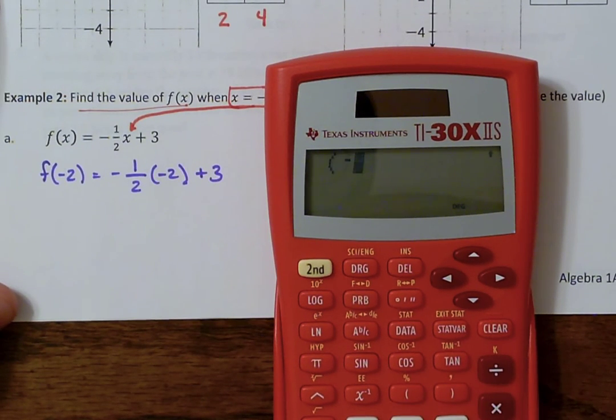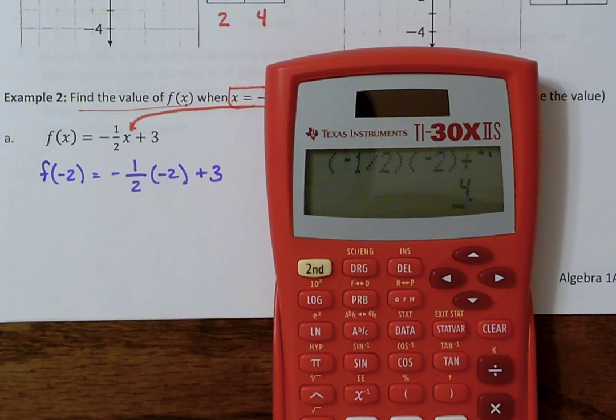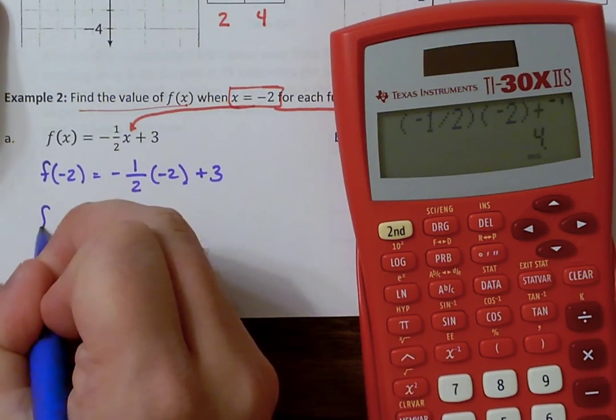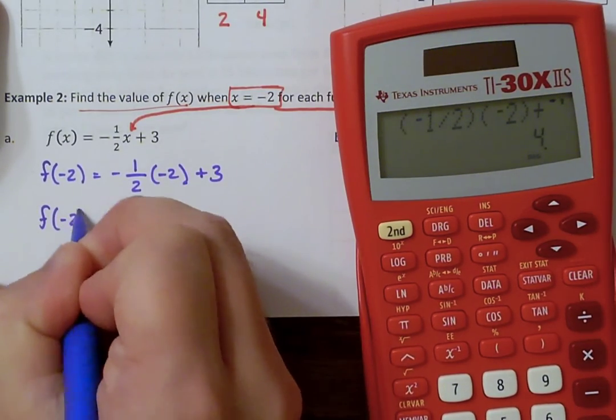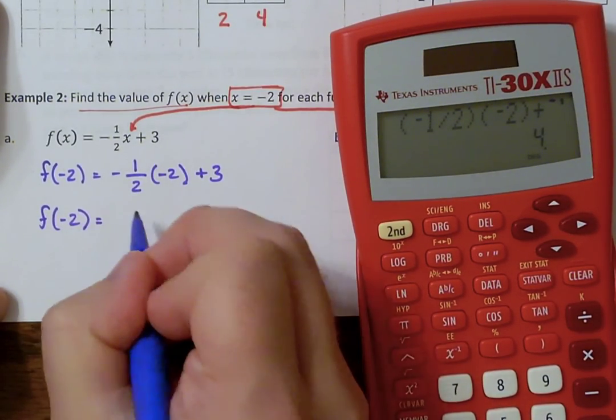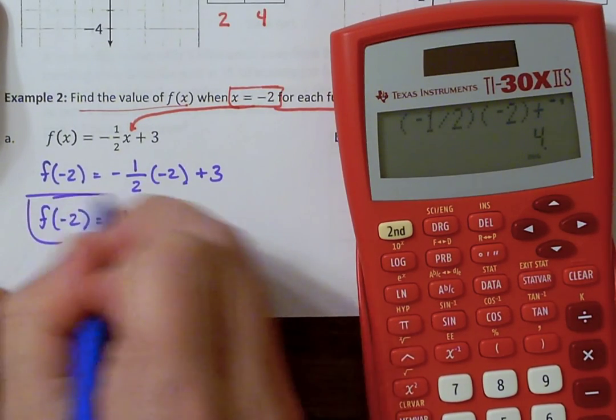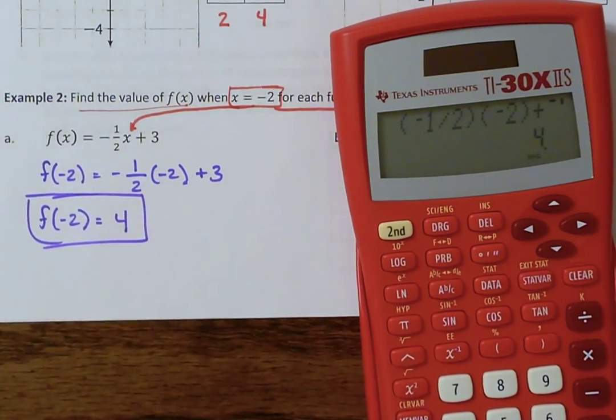So again, I'm going to do -1 divided by 2 in parentheses. Then we're going to multiply this by -2, and then plus 3. And then when I hit enter, we end up with 4 as our value for the function. So when x equals -2, f of x is going to equal 4. And that's my answer for A.